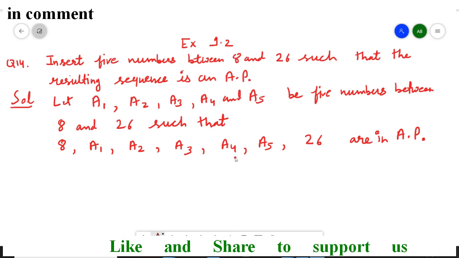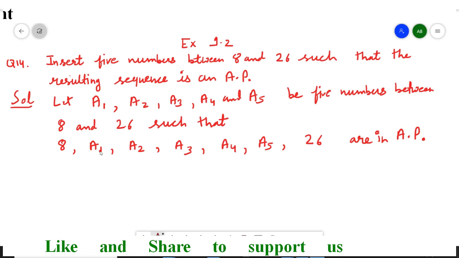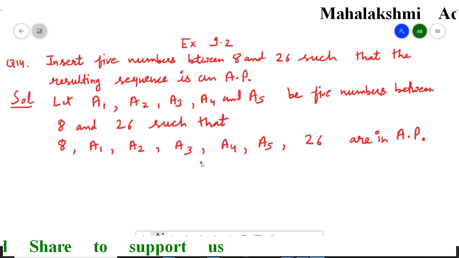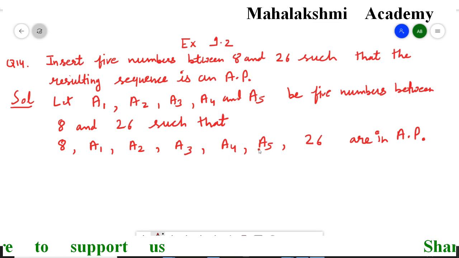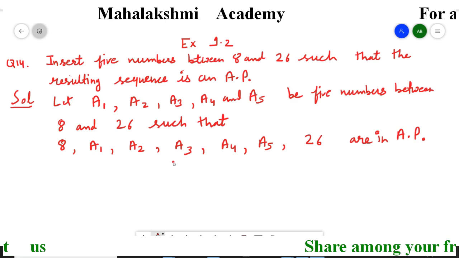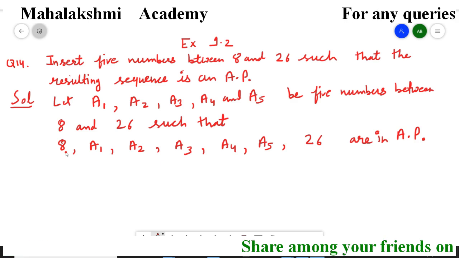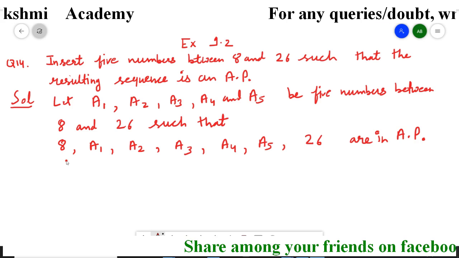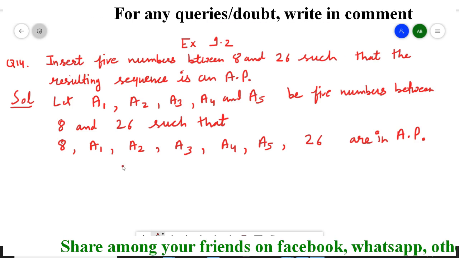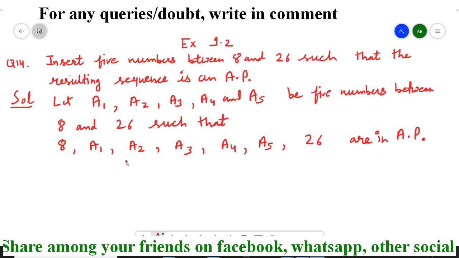Now if it is an AP, then these numbers are named arithmetic means. So by the formula of an arithmetic mean, we are going to write down here. This is the first term, and the common difference formula for the arithmetic mean we are also going to use for finding the common difference.